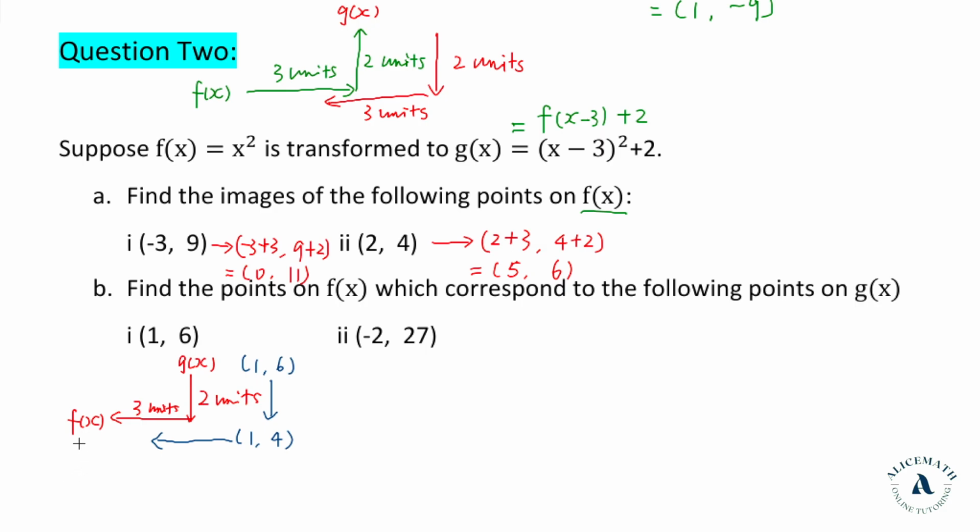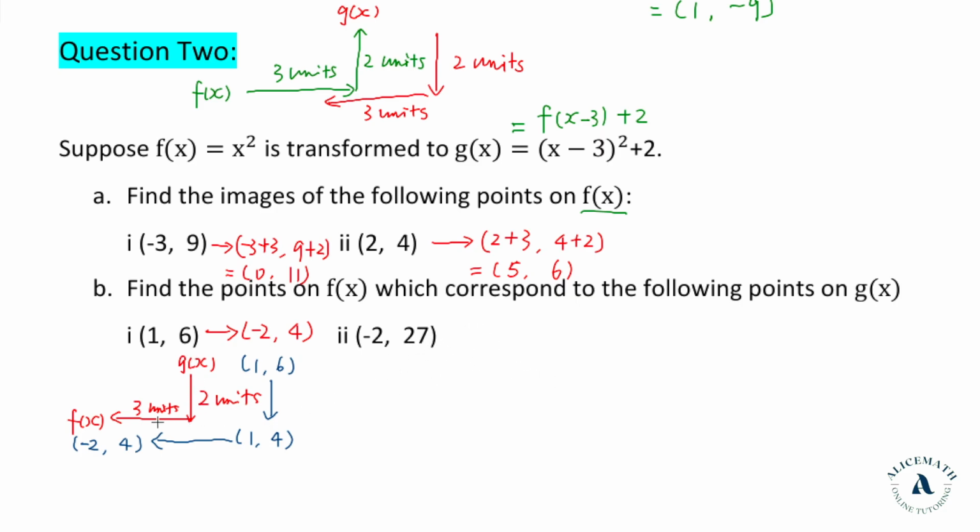The left side means we should make the x coordinate smaller. So take away 3: 1 minus 3 equals negative 2, and then 4 as the y coordinate, because this is translated horizontally. So for this question, the correct answer is negative 2, 4.